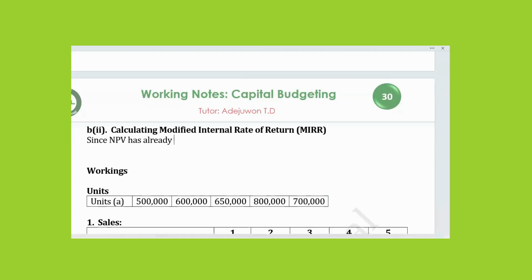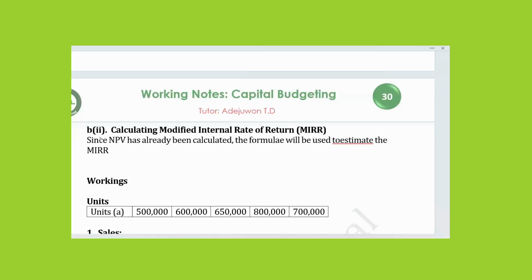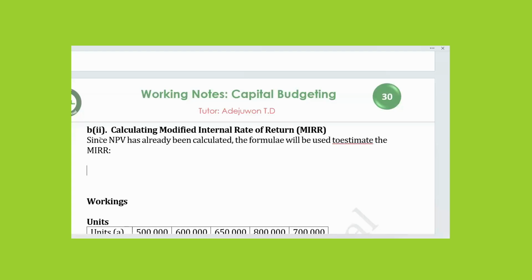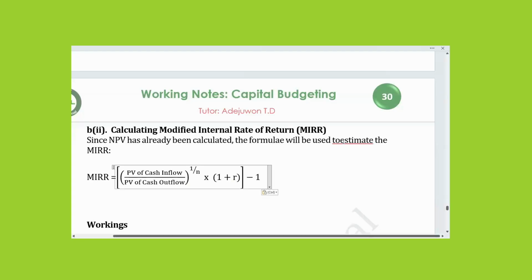Since NPV has already been calculated, the formula below will be used to estimate the modified internal rate of return.